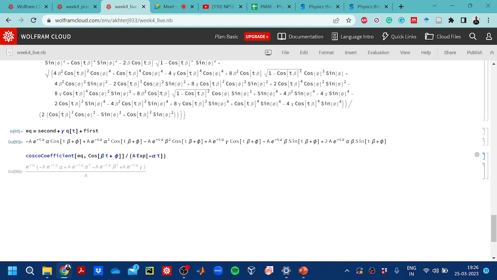So let us denote this as the cos coefficient, and similarly we can get our sine coefficient also. For that we have to write down here the sine function. We want to now collect the coefficient of sine, so let us denote this by sine.